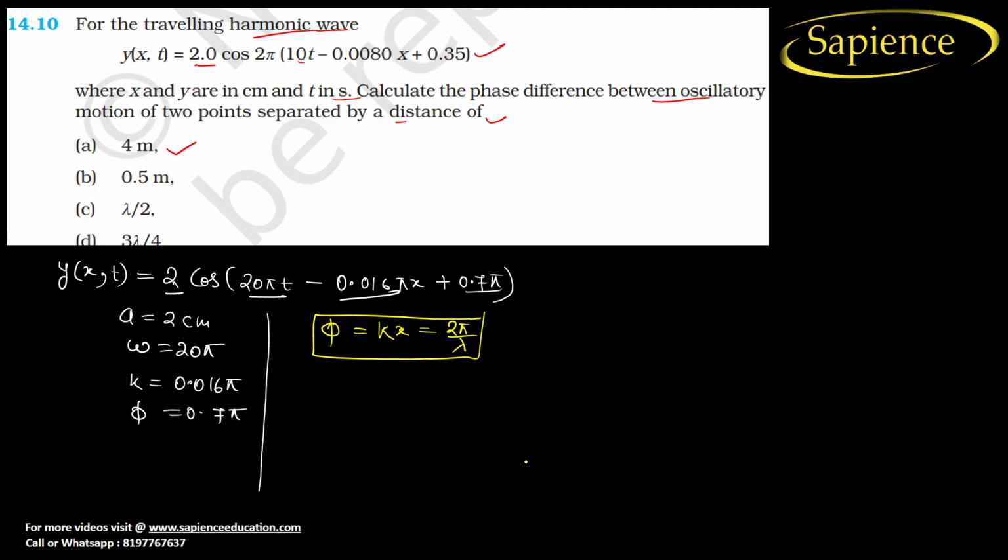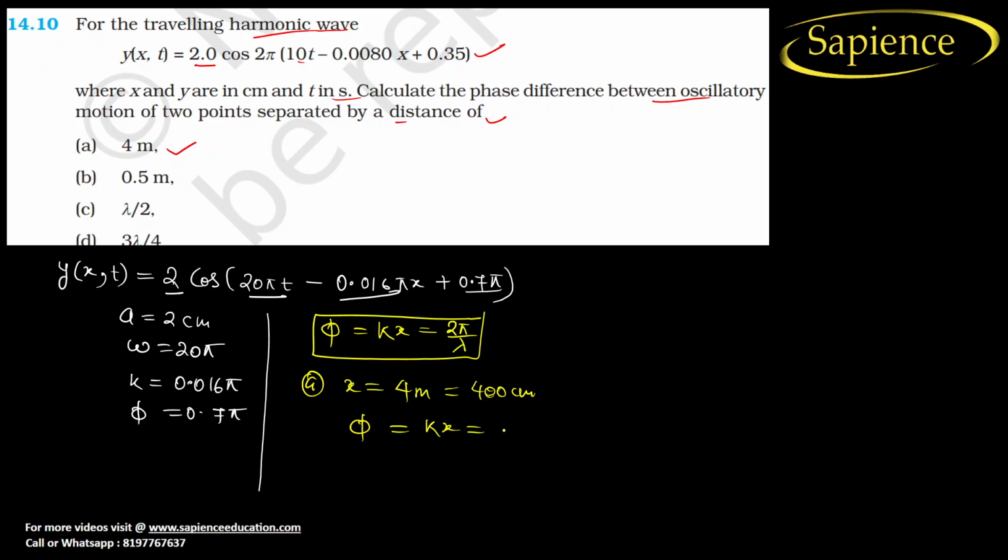See, think about how you will solve this. Just put this value. We have already the wave number k. So for case 1, that is A, x is given as 4 meter. You can convert it into centimeters, so this will be 400 centimeter. So the phase difference φ is equal to k into x.